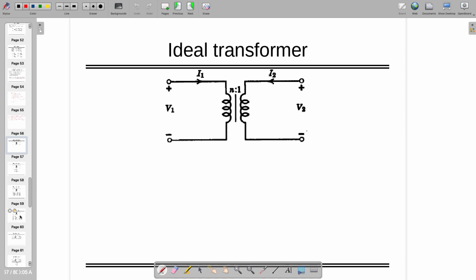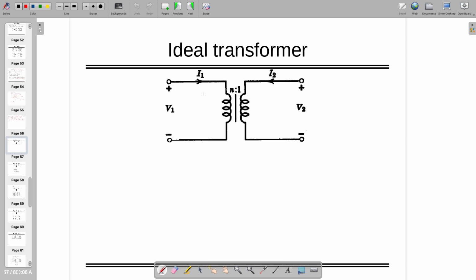Let's assume there might be a case where you will see a transformer somewhere. So everybody studied about transformer, right? A transformer might have n number of turns on one side and 1 on the other, so we write n is to 1, right?